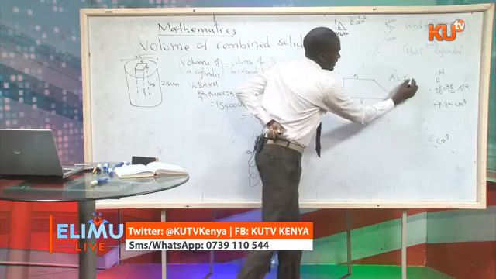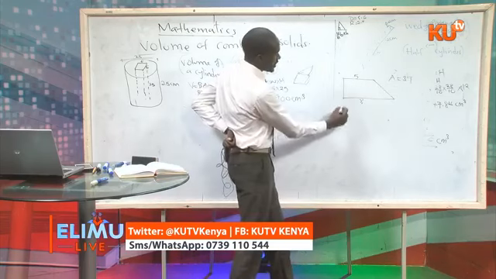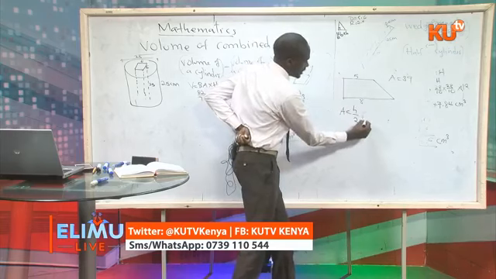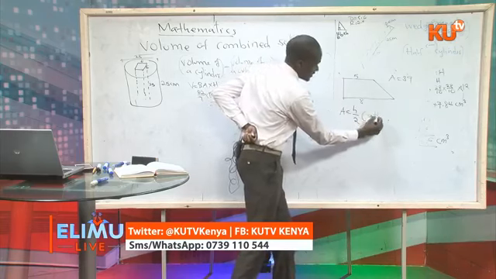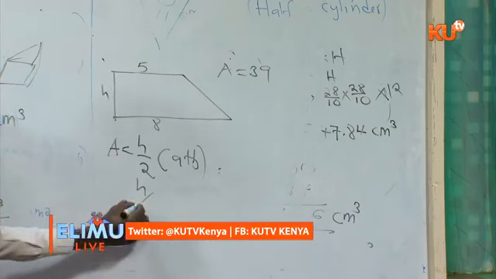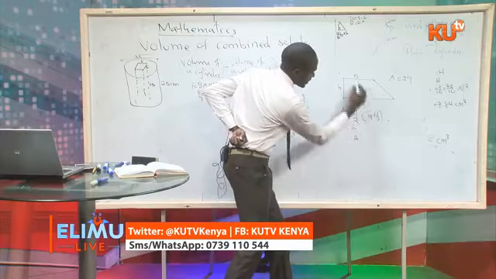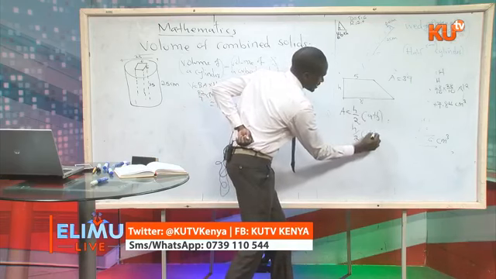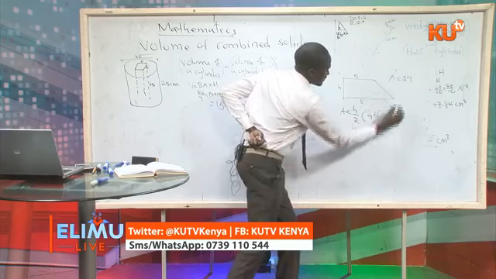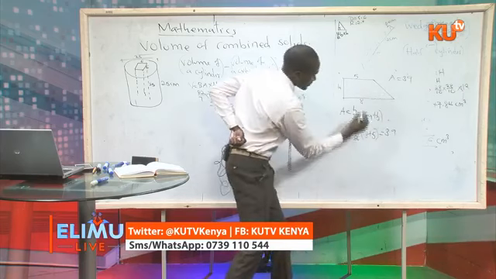Area, you are given as 39. What do you do? You say area is equal to h over 2 into a plus b. Now, h is not there. I just write h over 2 into a plus b, 8 plus 5. Then that is the area which has been given as 39.